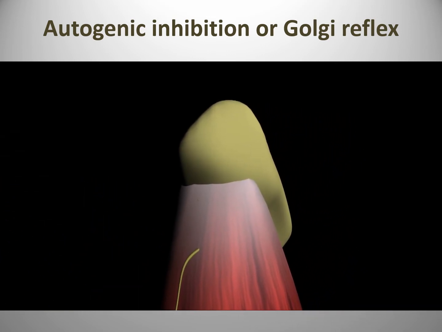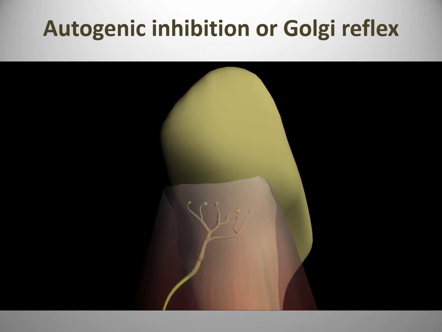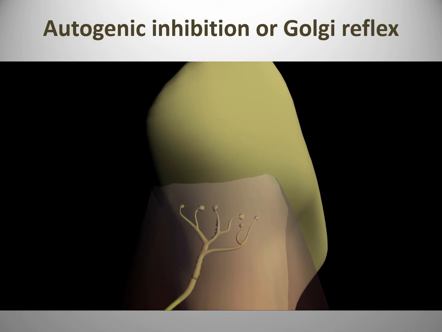While the muscle is contracting, it becomes shorter, creating tension in the tendons that attach the muscle to the respective bone. The tension in the tendon is sensed by a series of receptors called the Golgi organ or Golgi tendon organ, GTO for short, which are type 1B sensory nerve fibers.